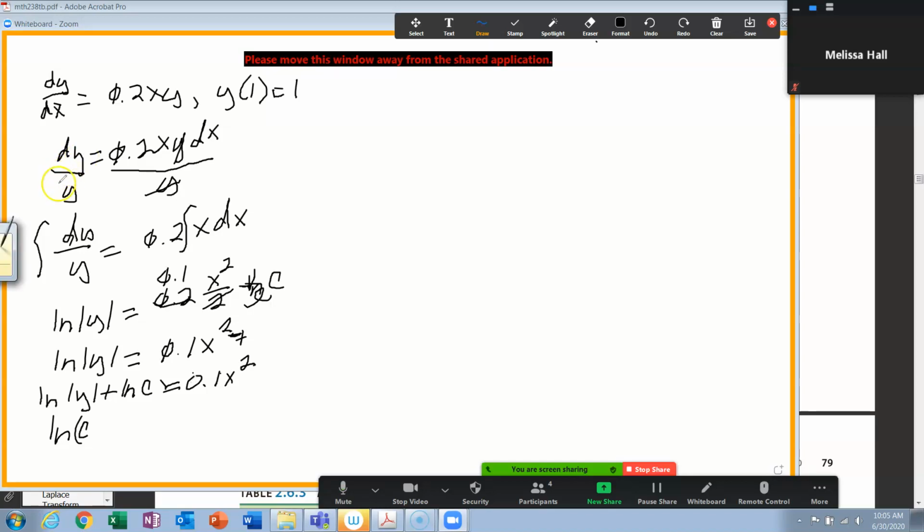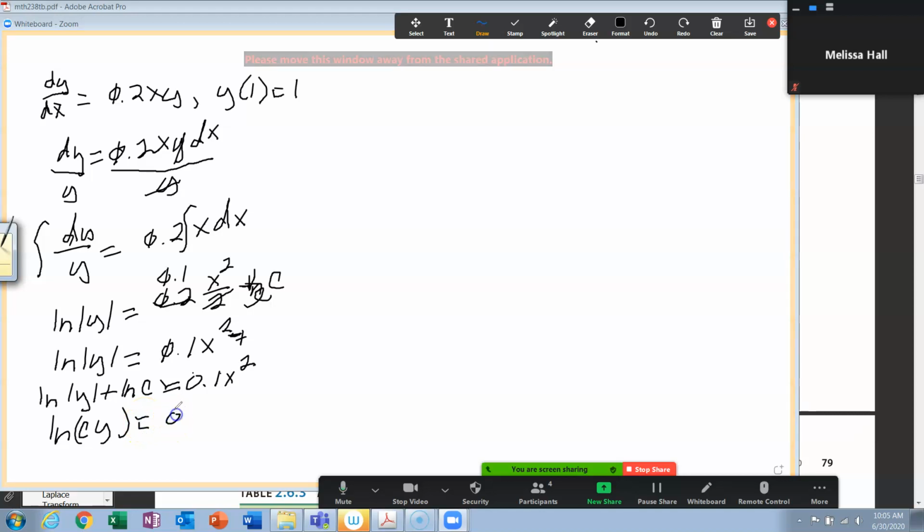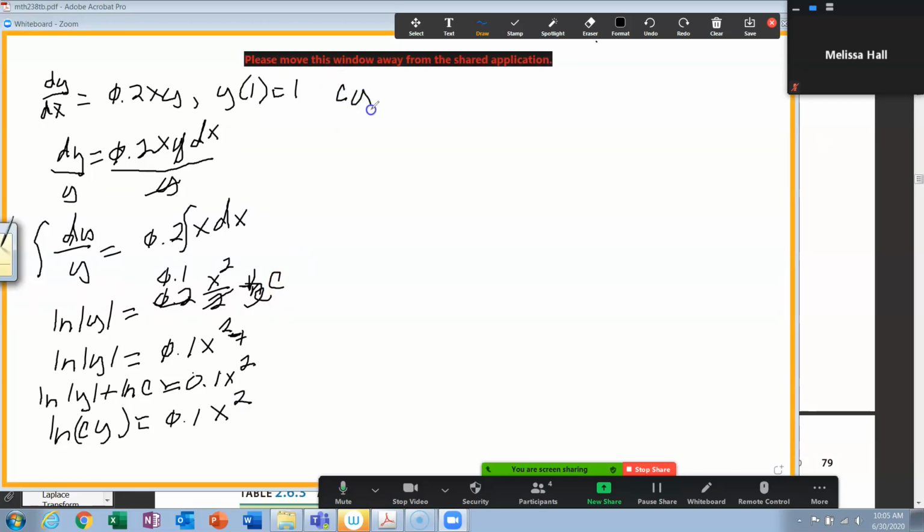Let me go on down and write it the way I was doing: log of c times y is equal to 0.1 x squared.